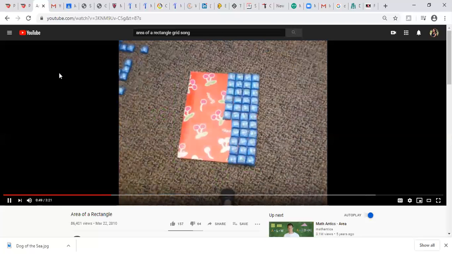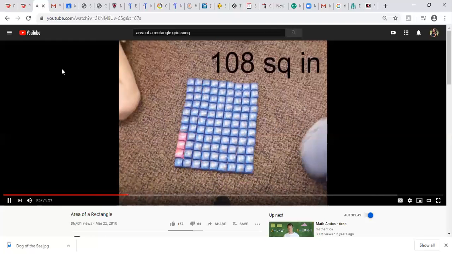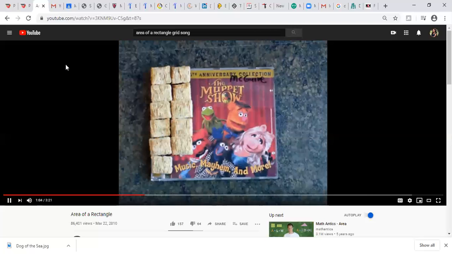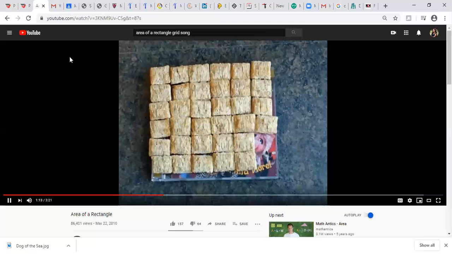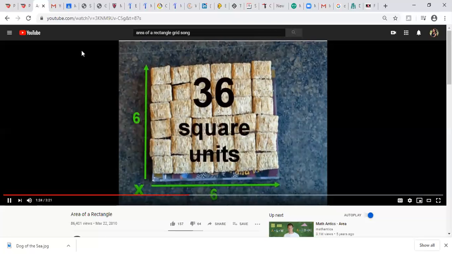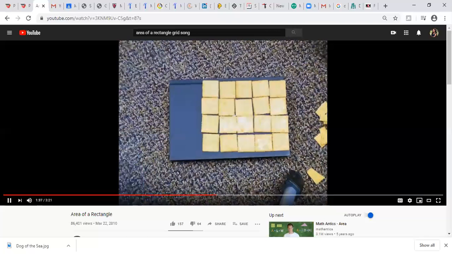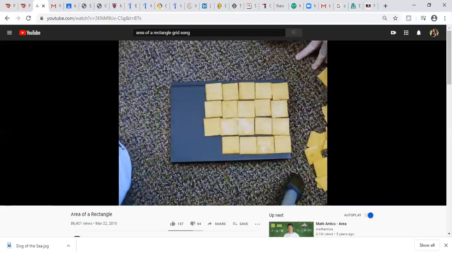You're finding all the space inside, and the units in the answer are squared.